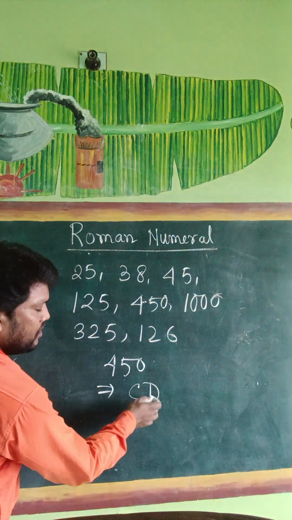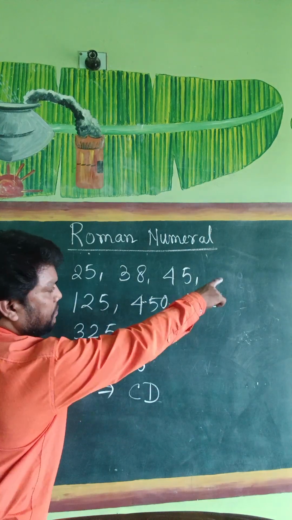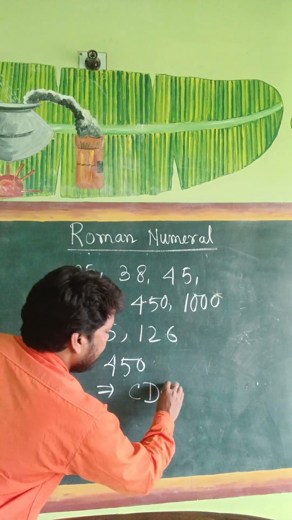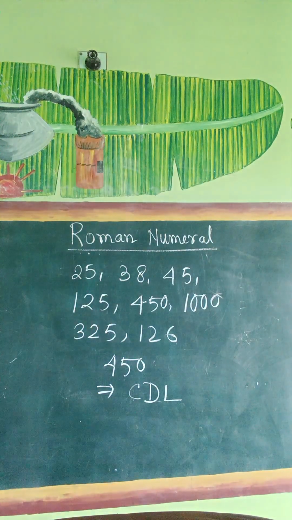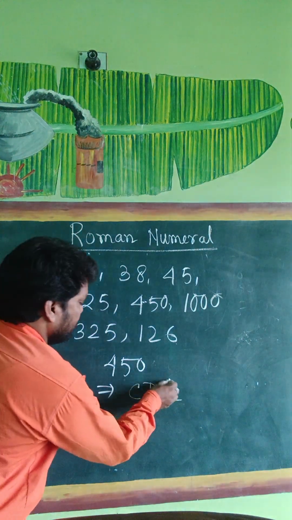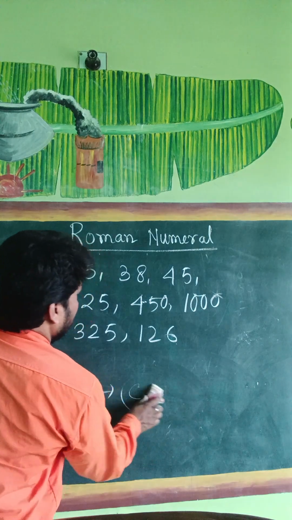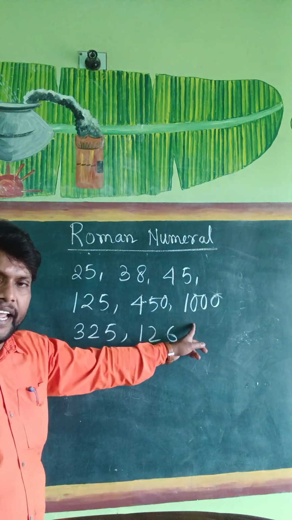So write the nearest, 500, D, then subtract 100, C, then L: CDL is 450. Next 1000 means M.